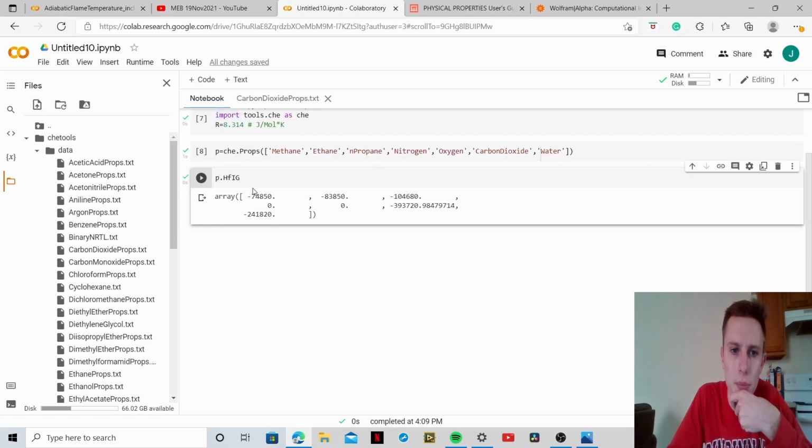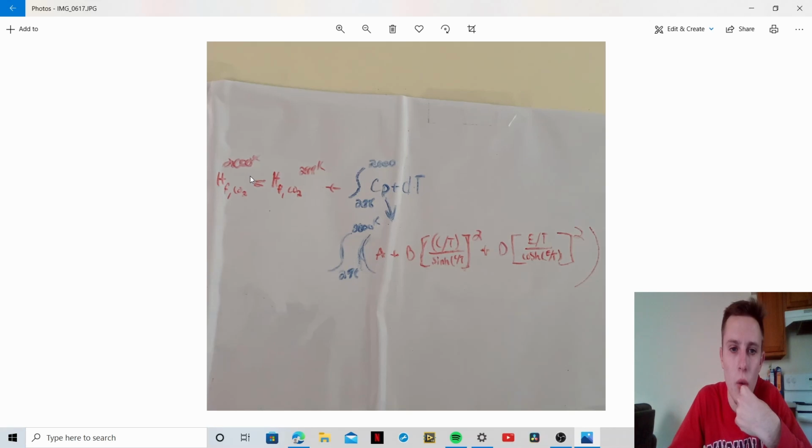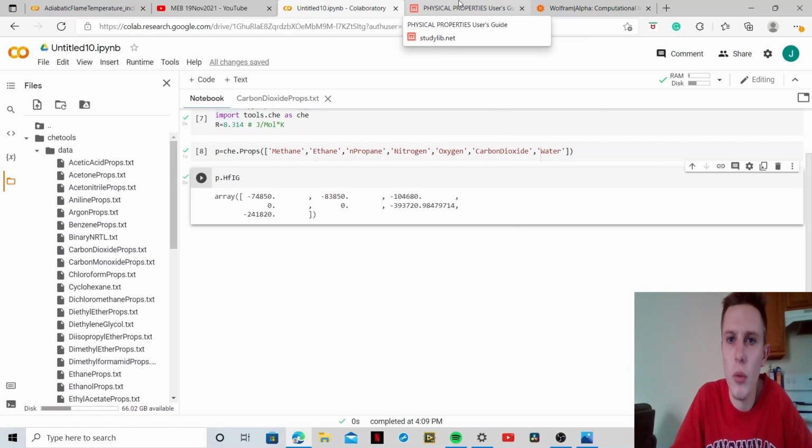So if we go back here, now we can start thinking about, since I've brought up before in our derivation in the video before, I believe I showed, the equation 107, also heat of formation, or enthalpy of formation. So let's go ahead and look up the equation we're going to be using.